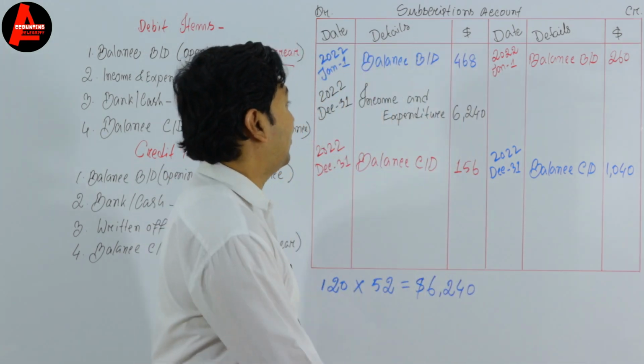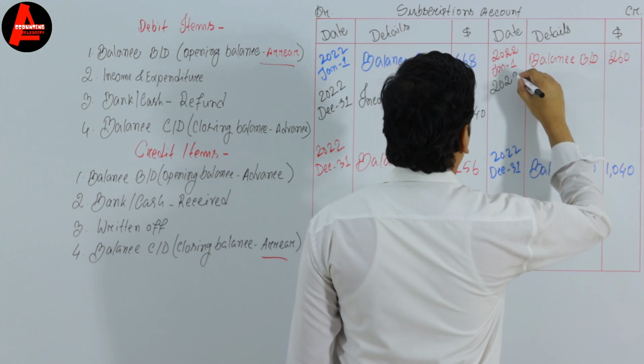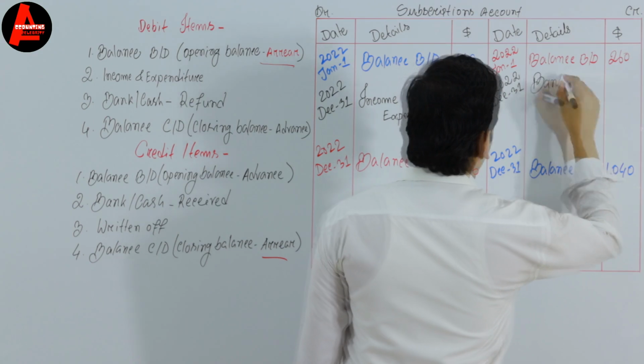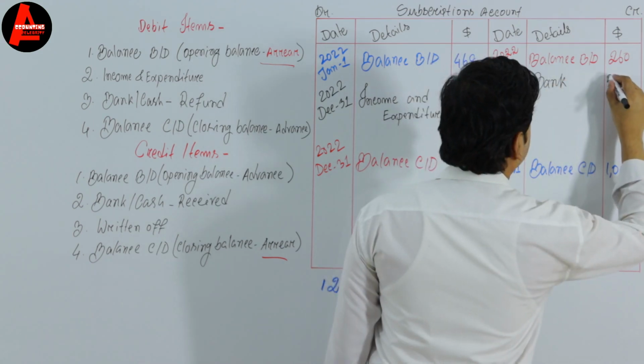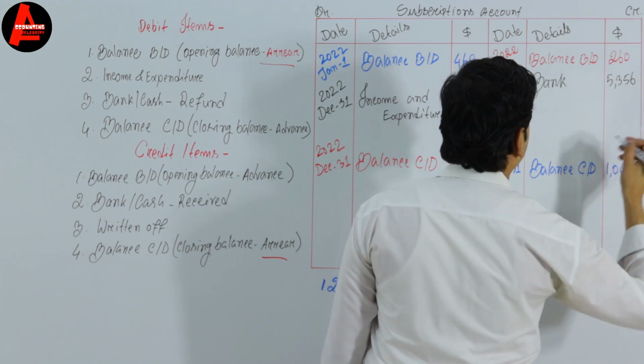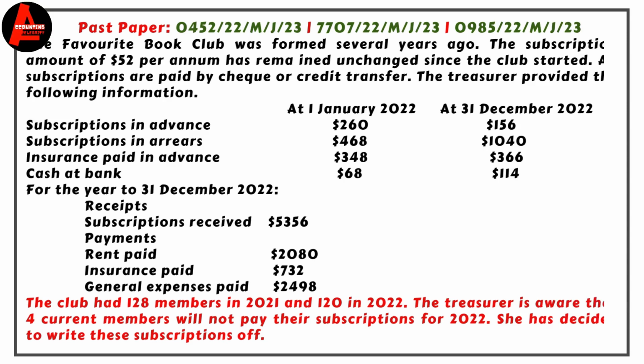Let us come to the date, 2022 December 31st. We will write here bank, $5,356. Great. Now what do we have in the question?